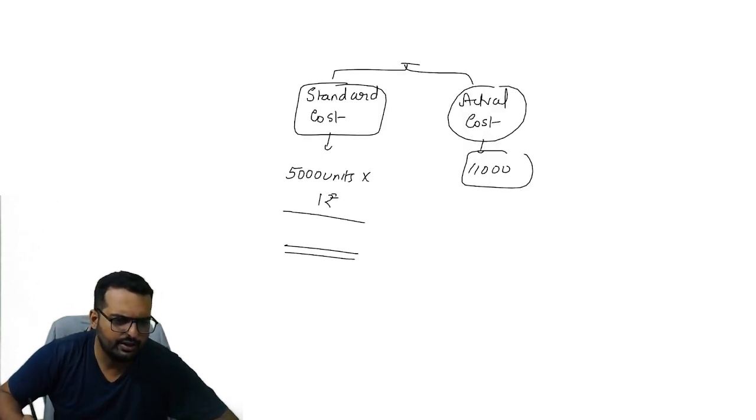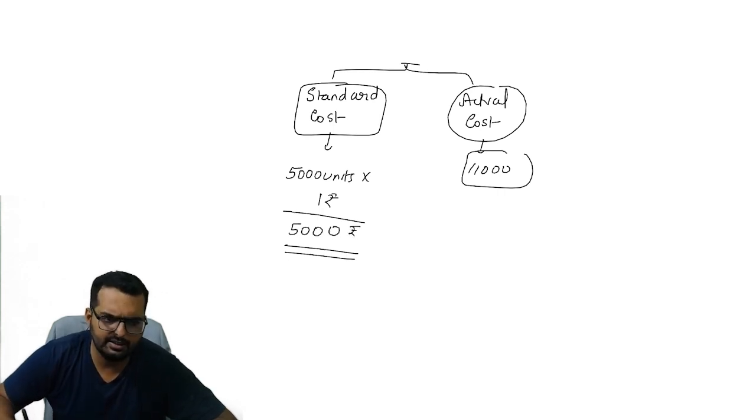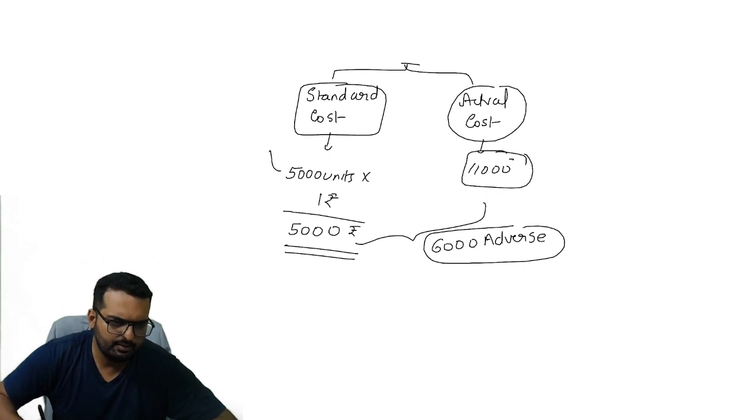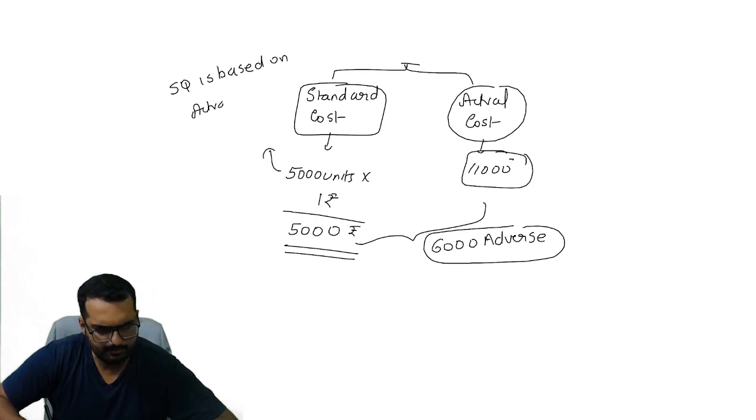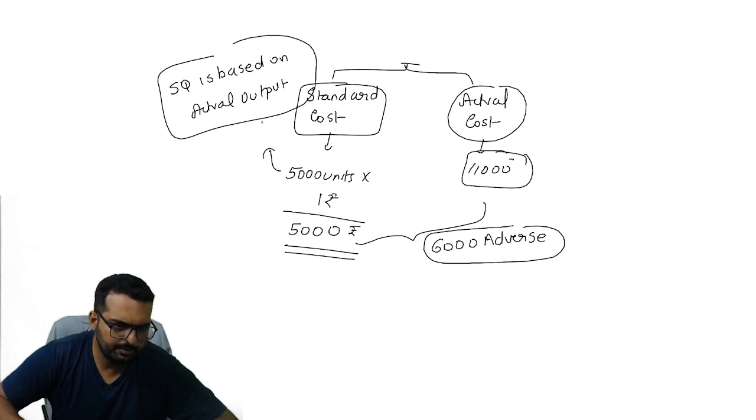So here you will get the answer as 5,000 rupees is the standard. Actual is 11,000. What is the difference that you get over here? 6,000 adverse. Okay, just give a point over here because SQ is based on actual output. Okay, please write down this in your books now.